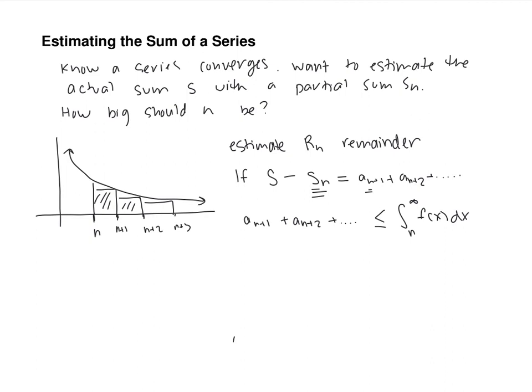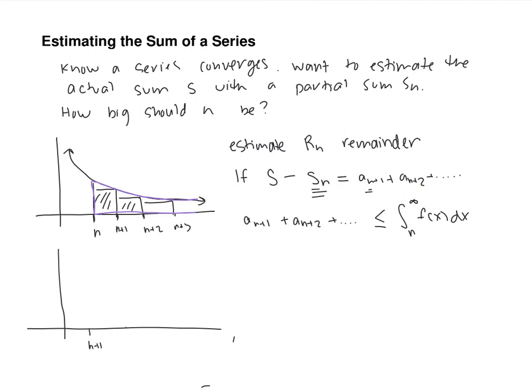That's because the integral from n to infinity is the area under this curve, and that area is greater than the area of just those boxes. So that gives us an overestimate for the remainder. And if we draw another picture, we can figure out what an estimate for the lower bound on the remainder is.